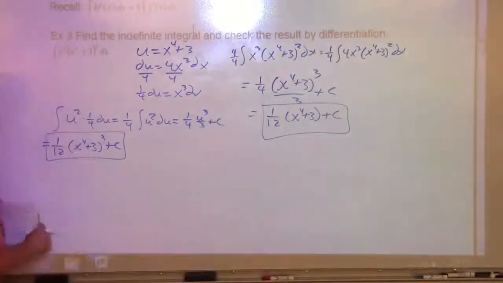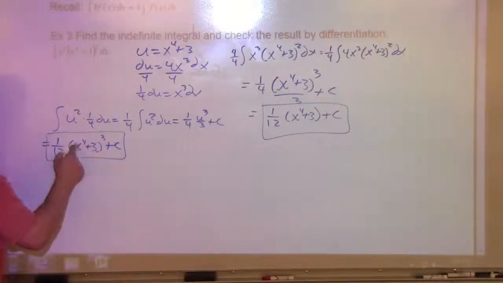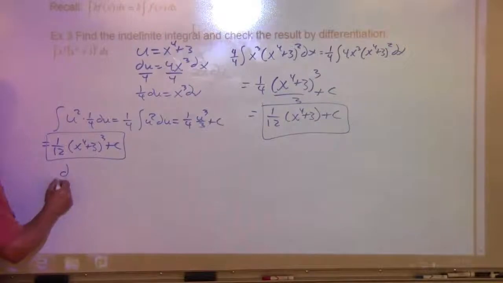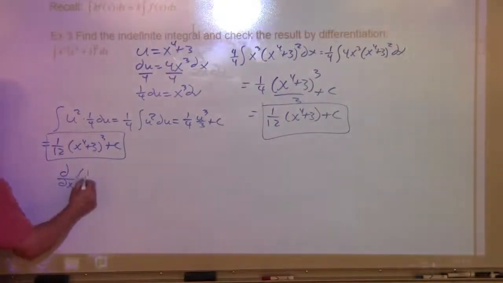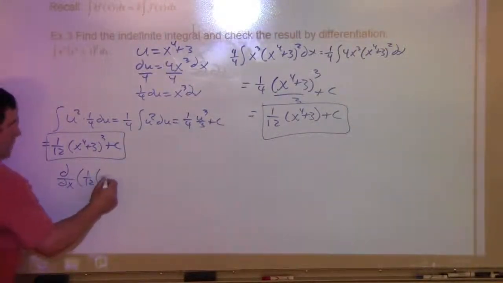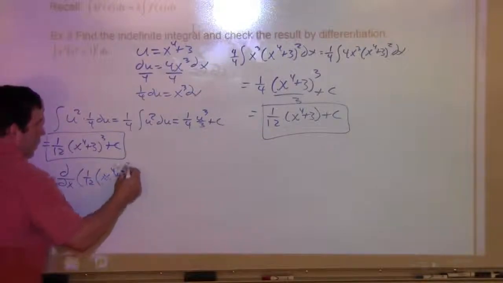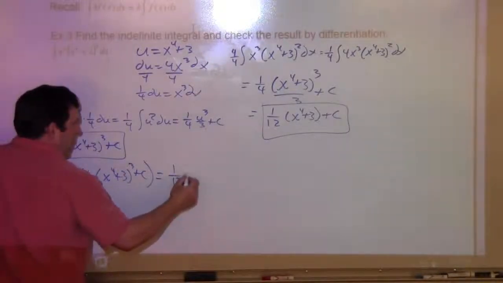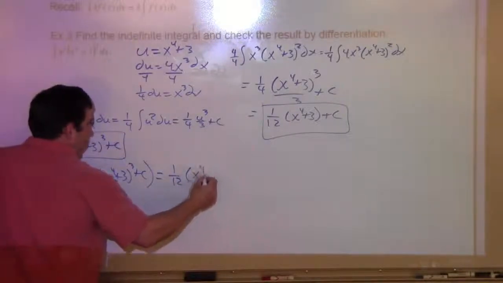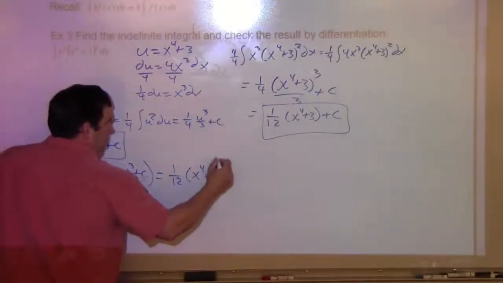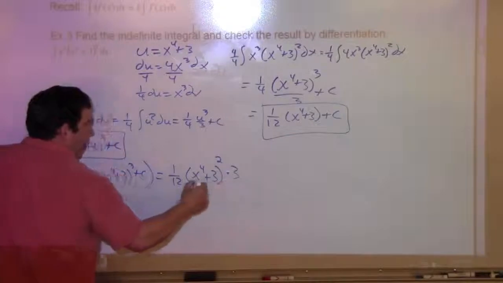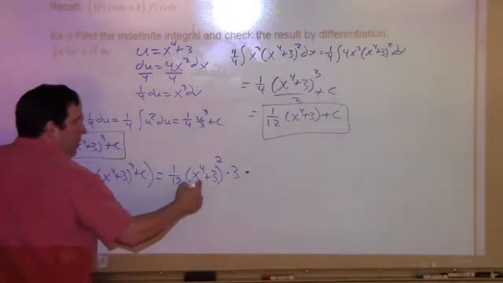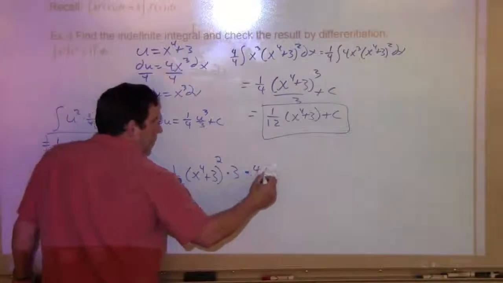Okay. Now, let's take the derivative and check it out. d/dx of 1/12 of (x to the 4th plus 3) cubed plus c. That's going to be 1/12 times (x to the 4th plus 3) to the 2 power times 3 because of this power, then times the derivative of what's inside, and that's going to be 4x cubed.